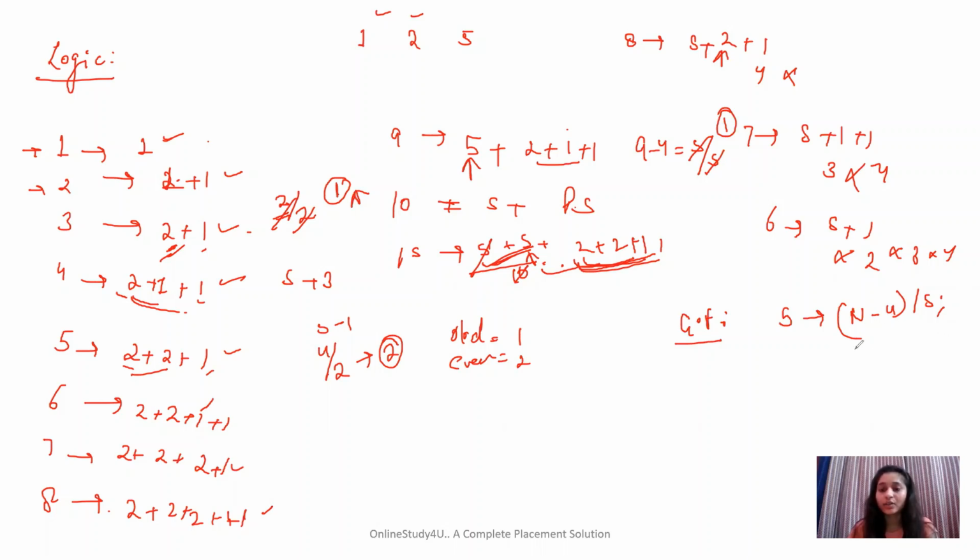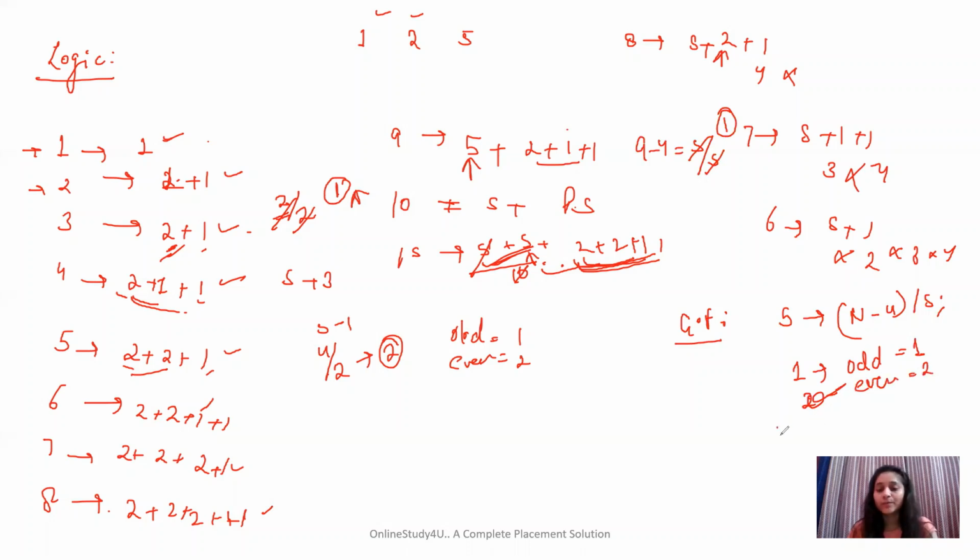You can try this on every number, or if you observe the pattern a little bit more, then you will also get it. For the 1 it was clear that for odd we need to include one 1, and for even we need to include 2 ones, or two 1 rupee coins.